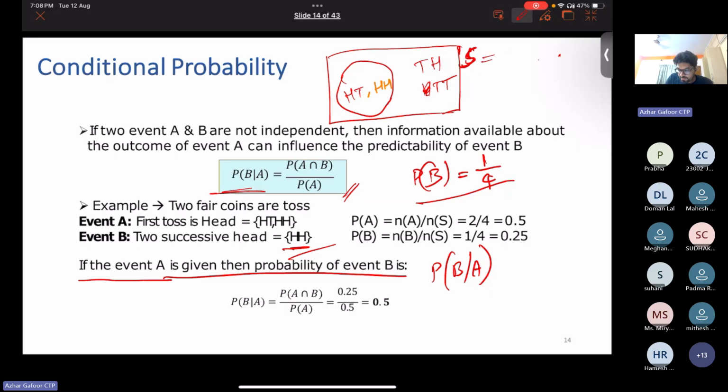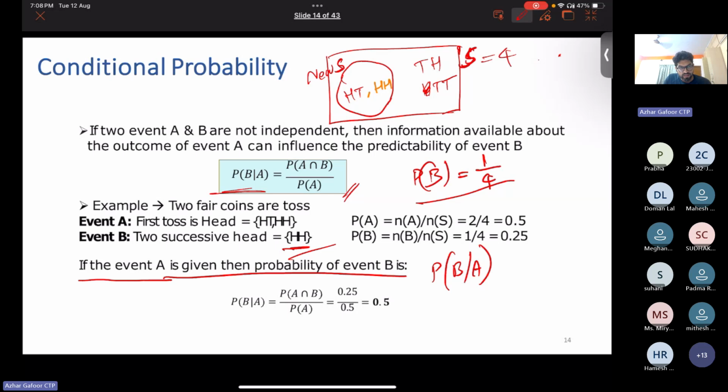We had four elements in the sample space. Now A has happened, which is the first toss is head. So once the first toss is head, in the conditional probability view, this is the new sample space.